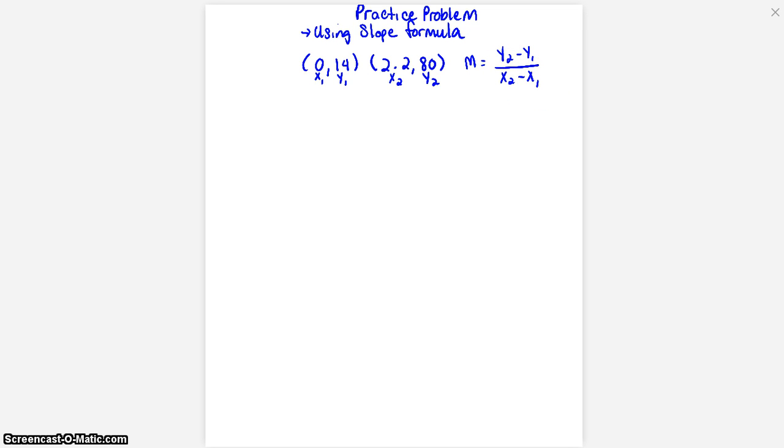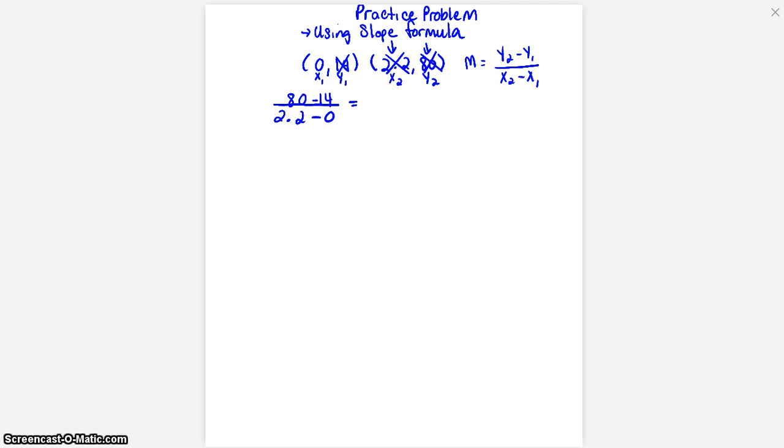So let's substitute these numbers in. y2 is 80 minus y1 is 14. So 80 and 14. If we have y2 on the numerator, we use this one first on the denominator. So 2.2 minus 0.